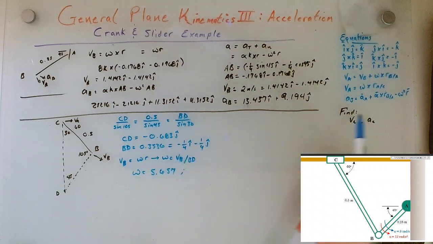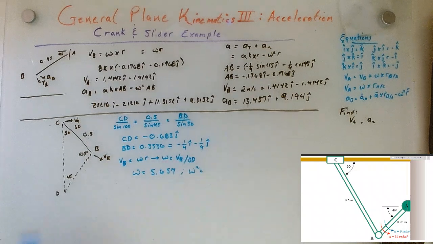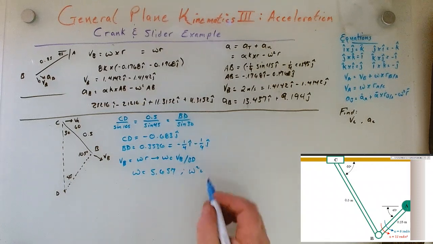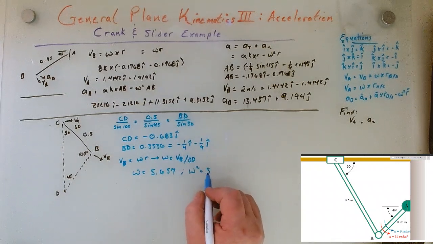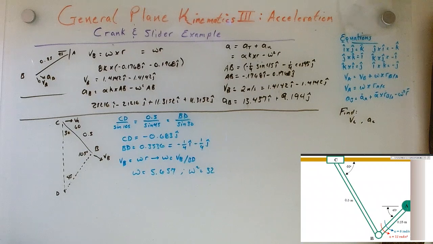Since we're going to need omega squared, let's calculate that. Square that bad boy, and interestingly enough, that gives us 32. My calculator says it's on the nose, so that is kind of a super fun thing. All right, so we have that.